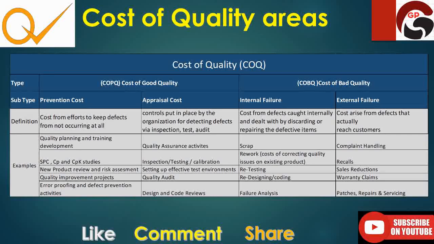Appraisal cost: quality assurance activities, inspection, testing, equipment calibrations, setting up effective test environments, quality audit, design and code reviews. Internal failure: scrap, rework, retesting, redesigning or recoding, failure analysis. External failure: complaint handling, recalls, sales reduction, warranty claims, patches, repair and services.